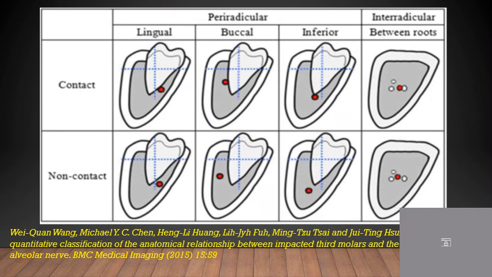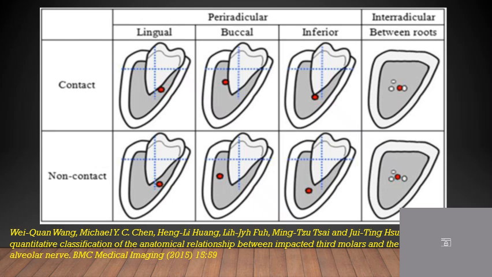There is also a quantitative classification of the anatomical relationship between impacted third molars and the inferior alveolar canal. It is a Cartesian coordinate system from continuous buccal slices, where the slice in which the inferior alveolar canal and the lower molar were closest was selected as a reference to show the relative position.